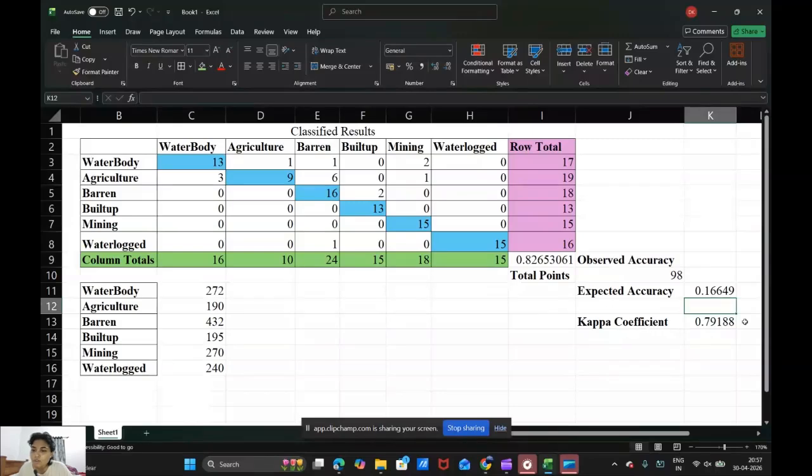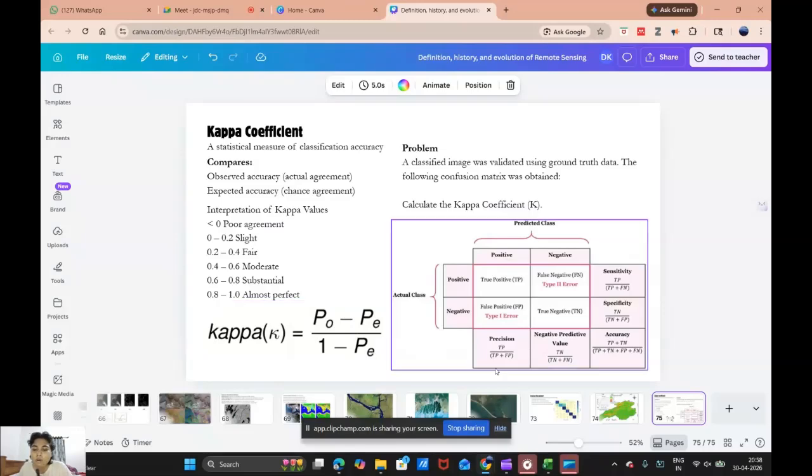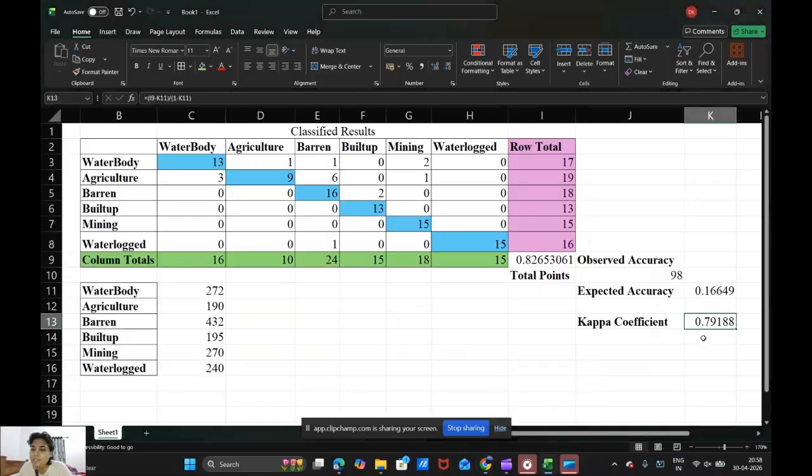So for this kappa coefficient, we have this particular formula. If we have found expected accuracy and observed accuracy, then the equation goes like this: observed accuracy minus expected accuracy divided by 1 minus expected accuracy. That gives me the kappa coefficient. Now you see, my kappa is coming to 0.79. So what is the interpretation that I should be making?